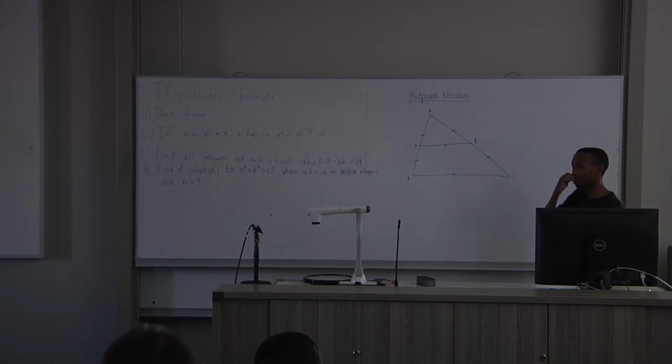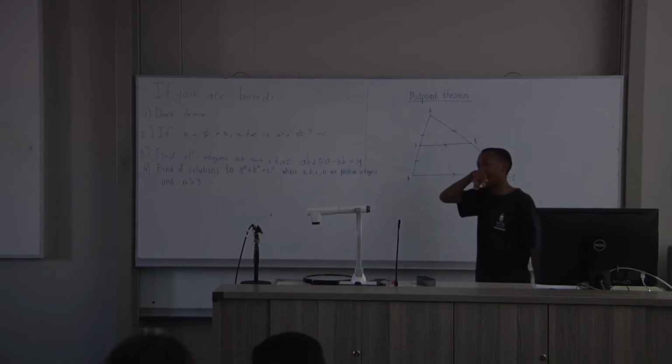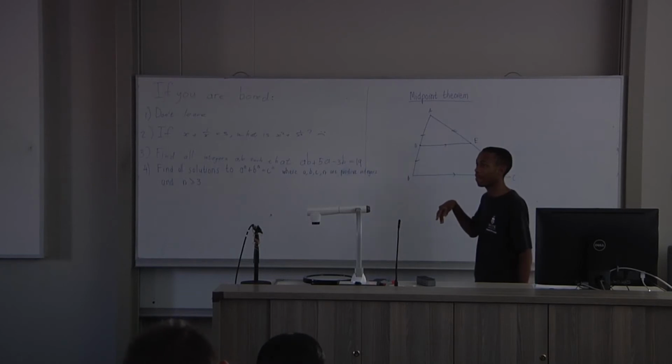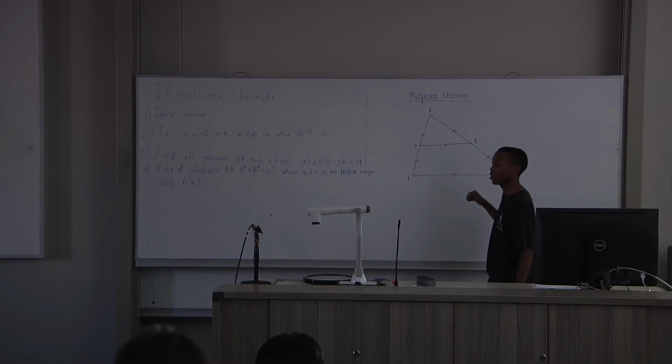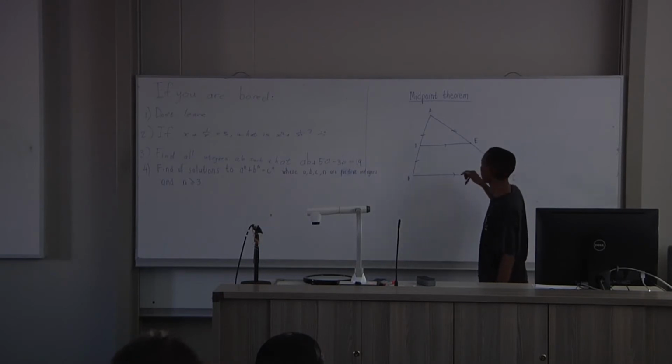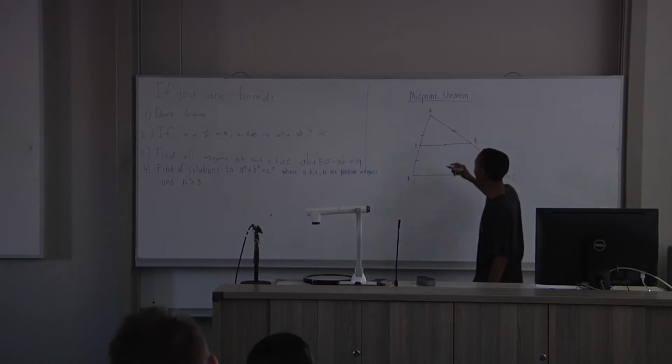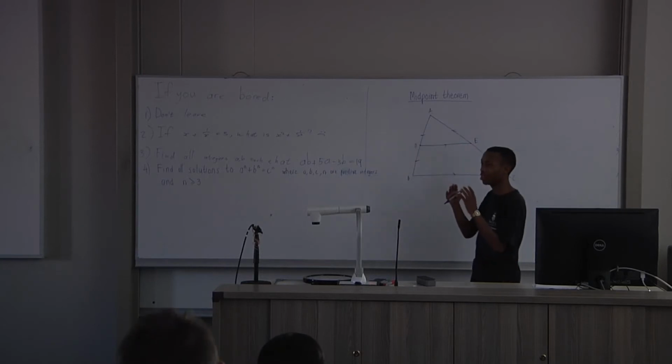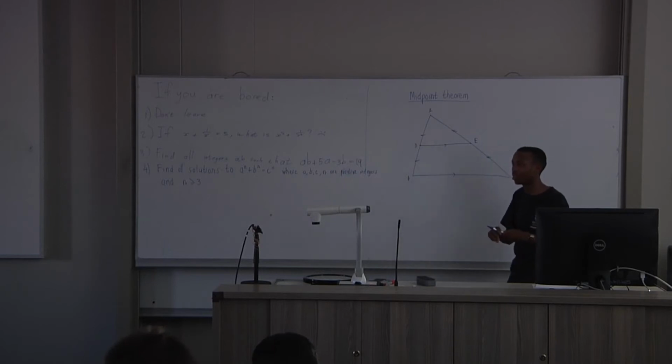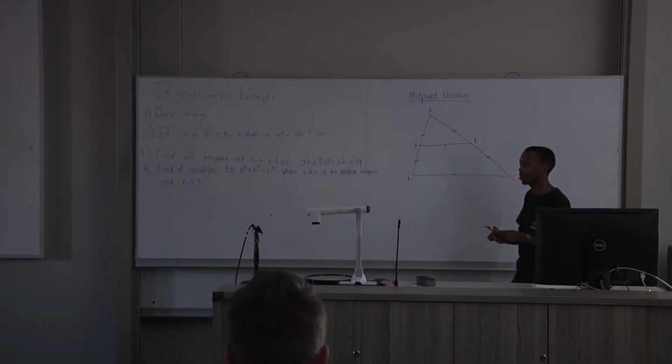They're similar because angle A is common, and AD to AB and AE to AC are in ratio. Oh, okay. I get what you mean, but we still haven't used the definition that if two sides are proportional and the angle between them is the same, then they're similar. So we still don't know that yet, but I understand what you mean.